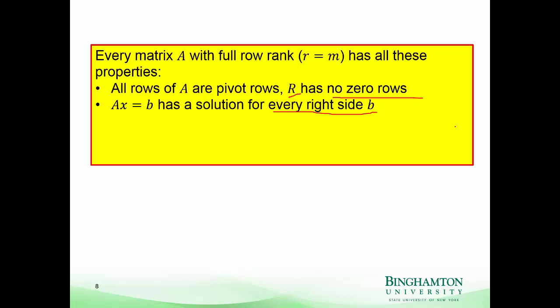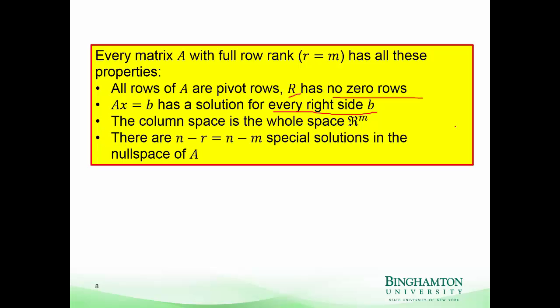There will always be a solution for this case. The column space is the whole space Rm. And there will be n minus m special solutions. So if n is greater than m there will be some, and if n is equal to m, a square matrix, then there will be no special solutions.